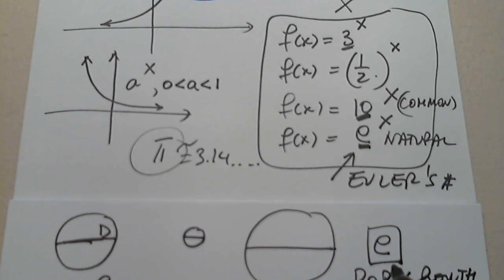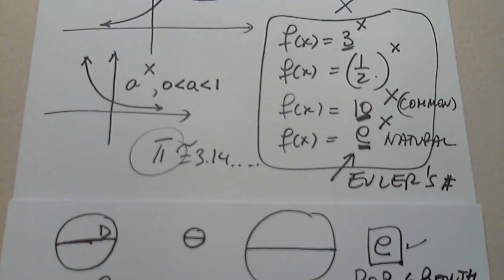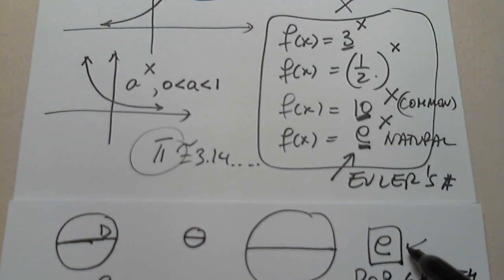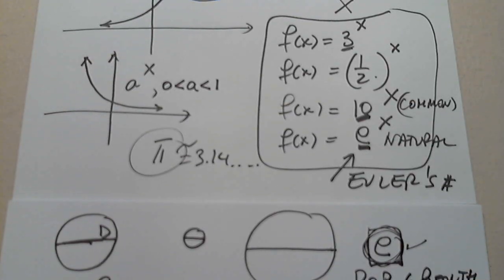He came up with this. This was the best base to approximate these functions of population growth, bacteria growth, and so on and so forth. So in the same way, this was not 2, not 3, not 2.5. This exact number was the best option.